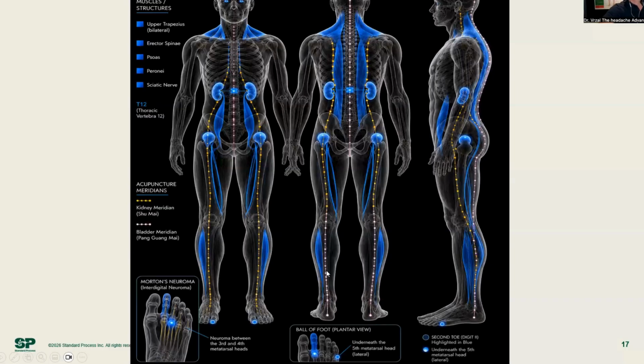The kidney meridian parallels the sciatic nerve down the back of the leg. I find more success tracing meridians than nerves, and often meridians follow nerve patterns, and the sciatic nerve is a perfect example of that, where helping the kidney, figuring out what's causing the kidney to not function well, will balance that kidney meridian, which is the trigger for sciatic nerve pain when it's true sciatica.